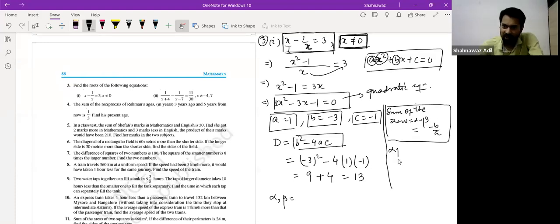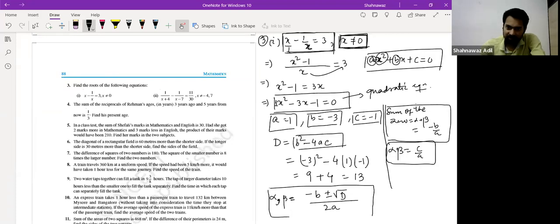Now we are solving the quadratic equation. Alpha and beta are the solutions. From the quadratic formula we recently learned, this is x equals minus b plus minus root of d by 2a, right?